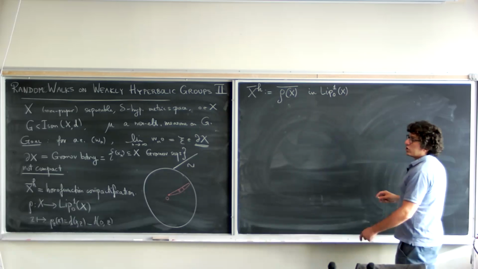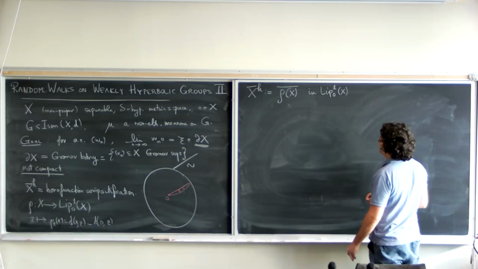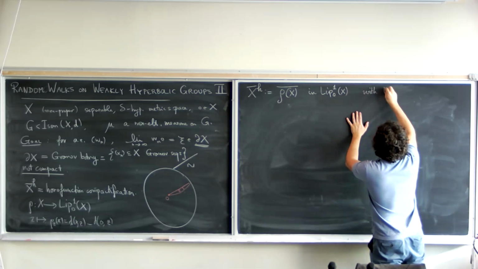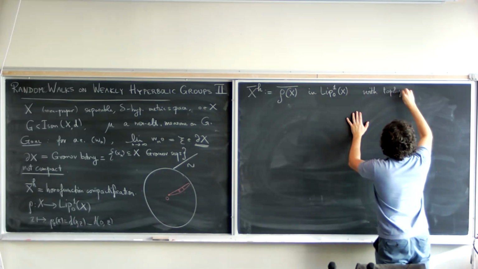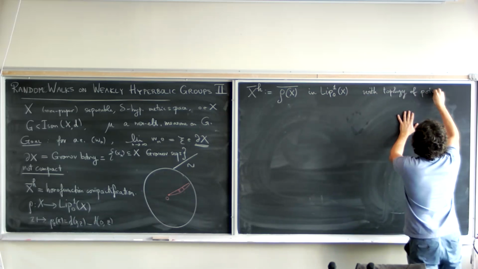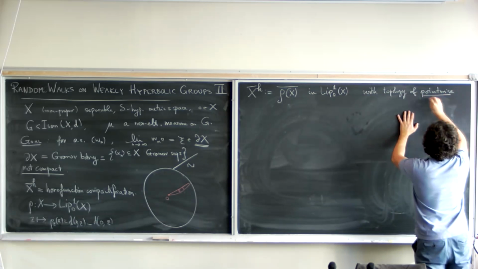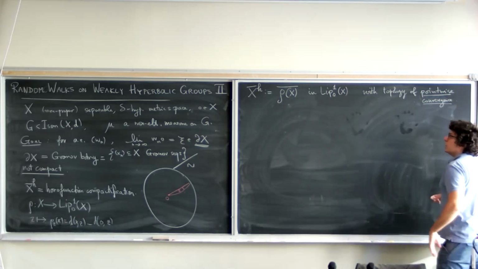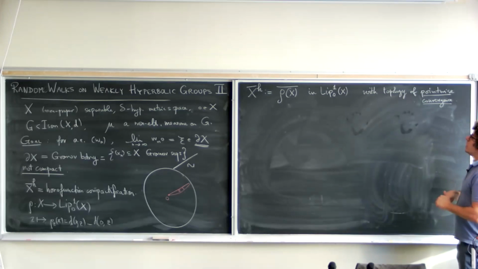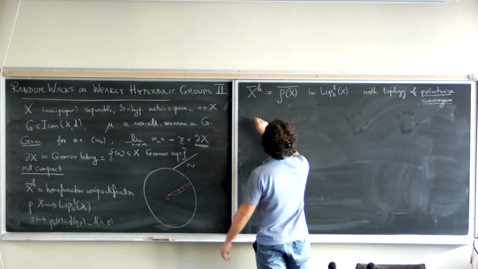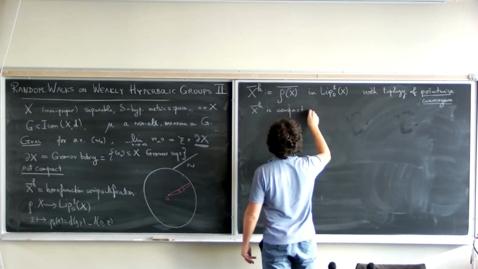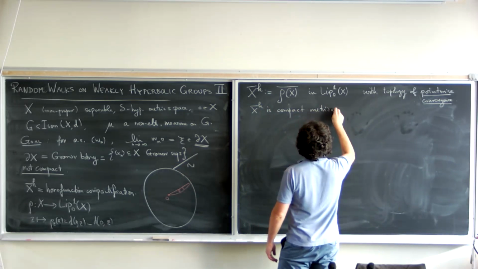And the real trick here is that the topology is the weak topology, the topology of pointwise convergence. This is the most important trick in this. However, differently from the Gromov boundary, this one is always compact, metrizable.